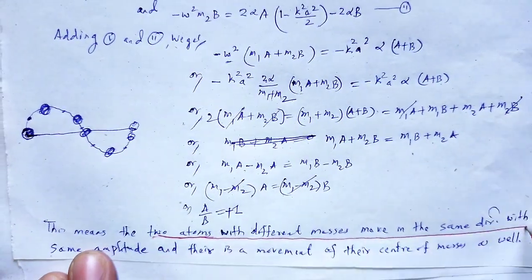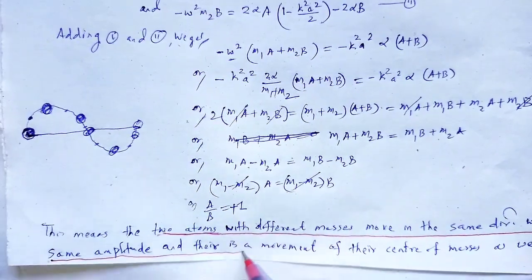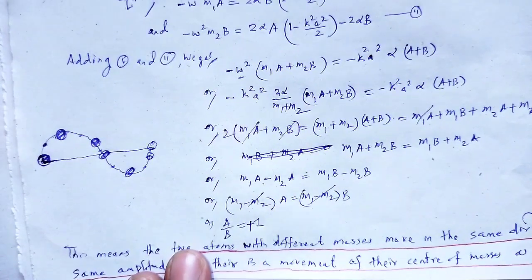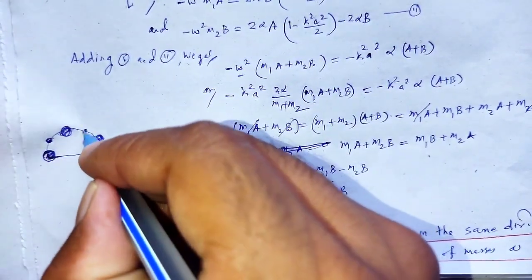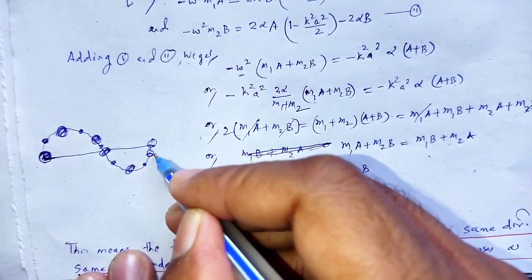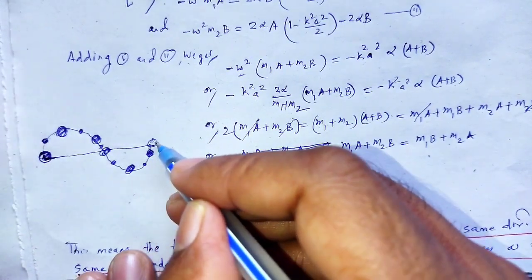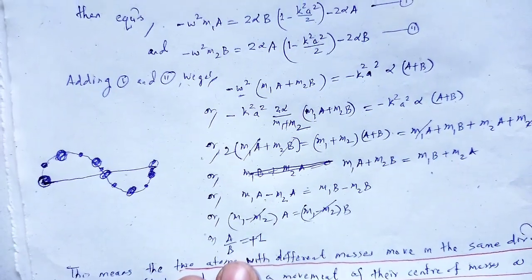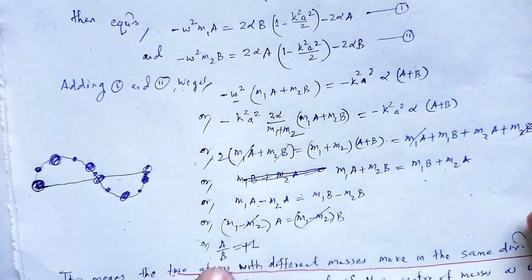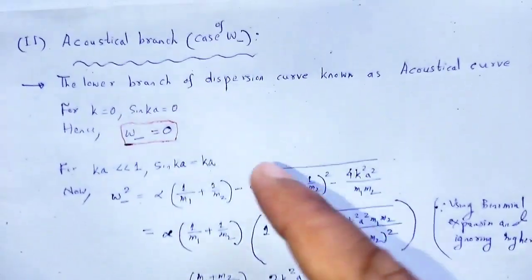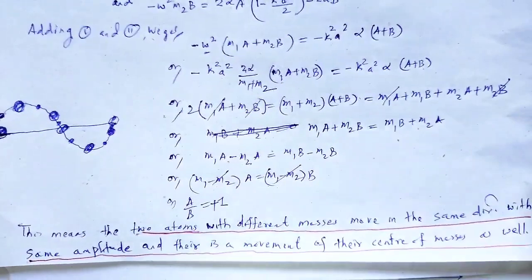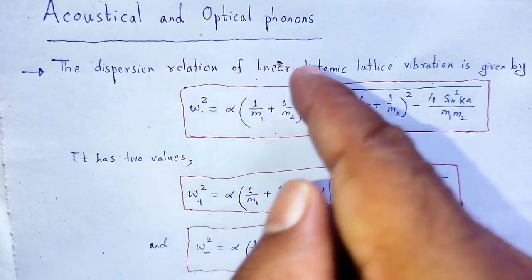Different masses move in the same direction with the same amplitude. These are for small masses, that for the acoustical branch. So here with the help of this video lecture we understand the concept of acoustical and optical phonons.